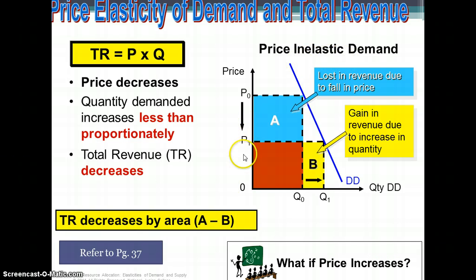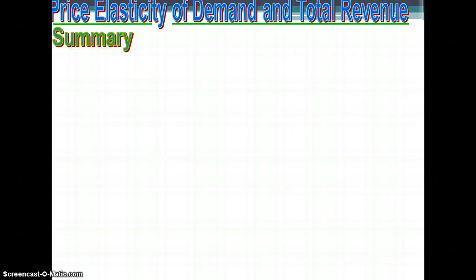If the price increases from P1 to P0, the blue area will be the gain in the revenue due to the increase in the price. The yellow box here will be the loss in the revenue due to the decrease in quantity. So as area B is less than area A, when there is an increase in the price, total revenue will increase, given a price inelastic demand curve.